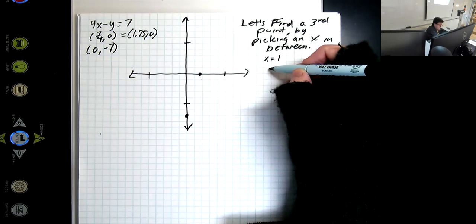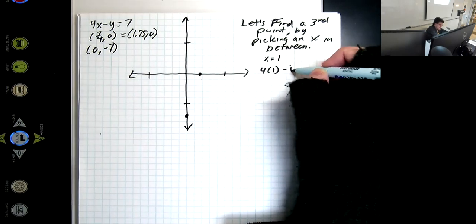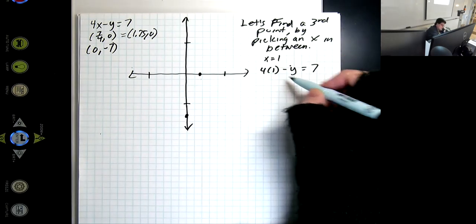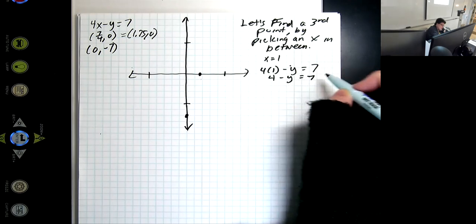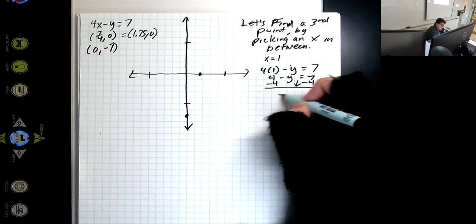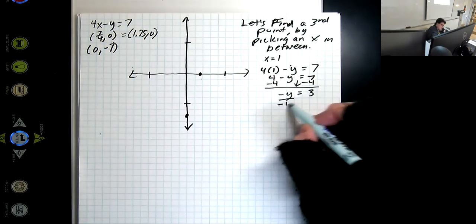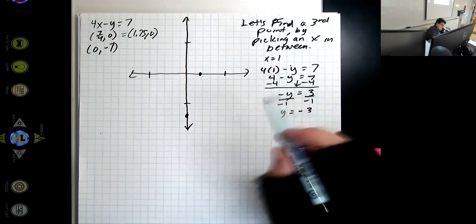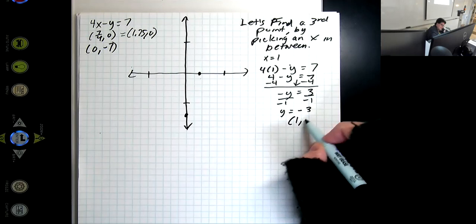If I do that, I've got 4 times 1 minus y equals 7. So 4 minus y equals 7. I'll subtract 4. I get negative y equals 3. And if I divide by -1, I get y equals -3. That was when x equaled 1, so my point is (1, -3).